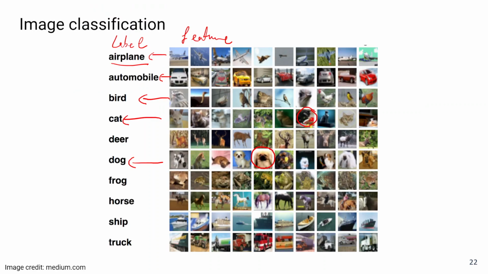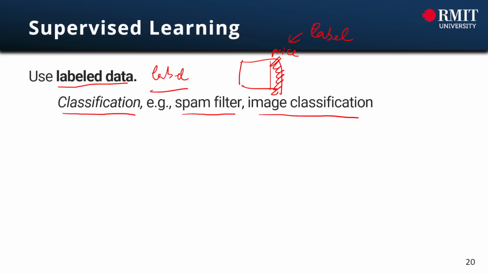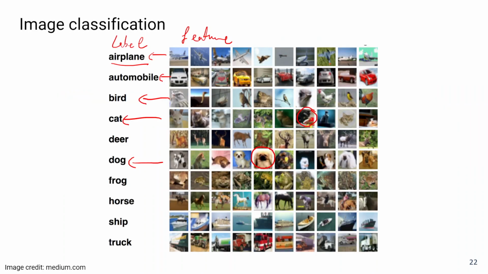The label in classification will be a discrete number. Let's say you classify spam email as 0 and not spam as 1. For image classification, you can also put a number for each class, like airplane is class number 1, class 2, class 3, class 4, class 5, something like that.